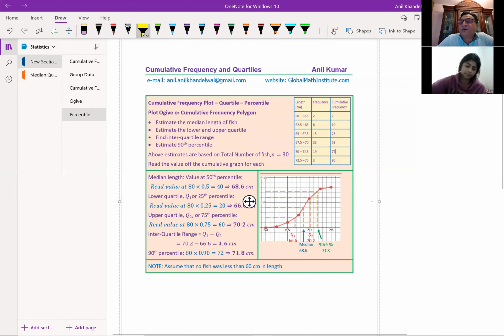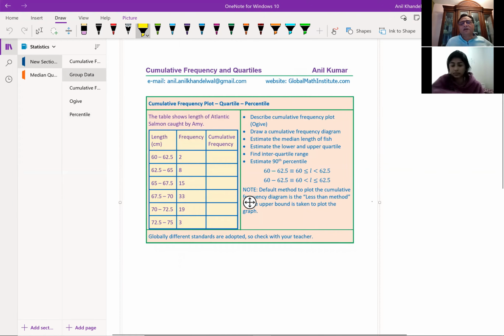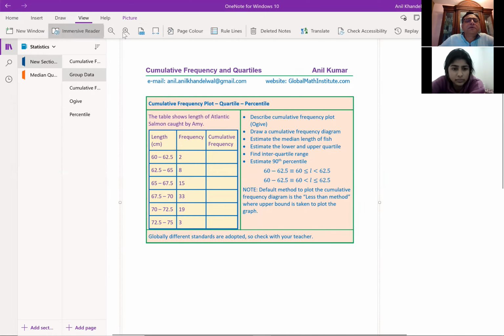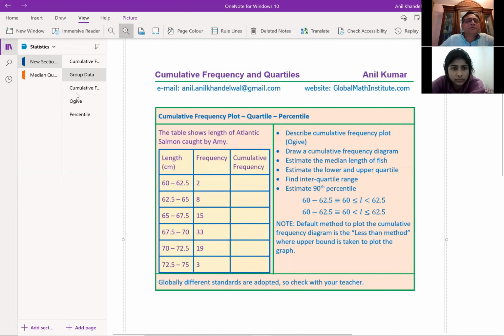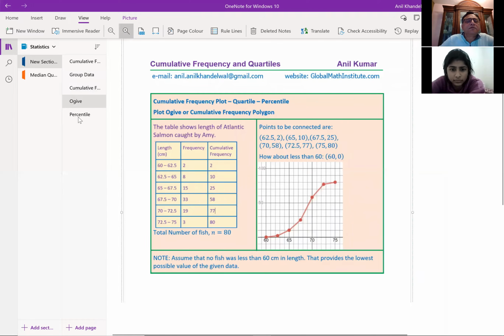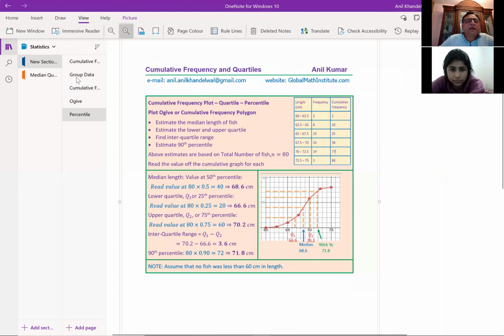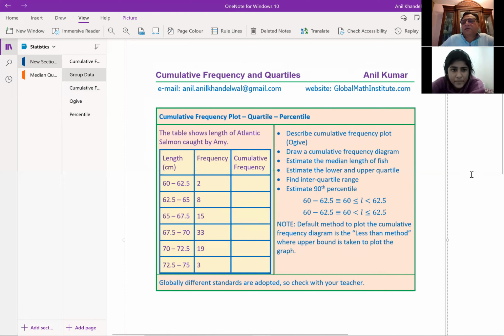So the other example is about continuous data, as I was talking about. What happens when you have continuous data to work with? Let me enlarge this a bit so that it becomes easier for you to visualize. We'll calculate the similar values which we did last time, but now the data is continuous.